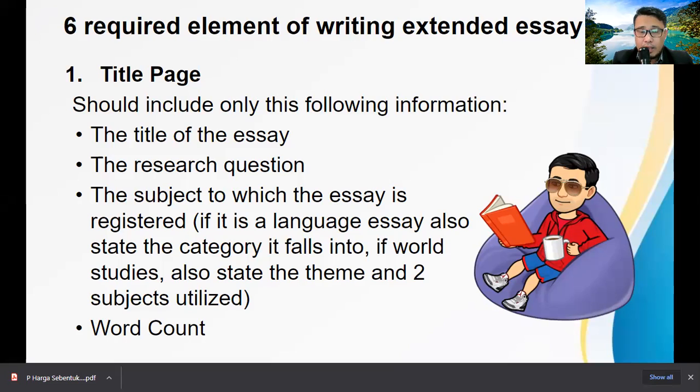For example, you need to mention this is a business management subject, this is economics, this is biology, this is Indonesian A or English A. But if it is in a language subject, you also need to write the category it falls into. And if it is in world studies, you also need to state the theme and also the two subjects that are integrated into your essay, and also the word count.